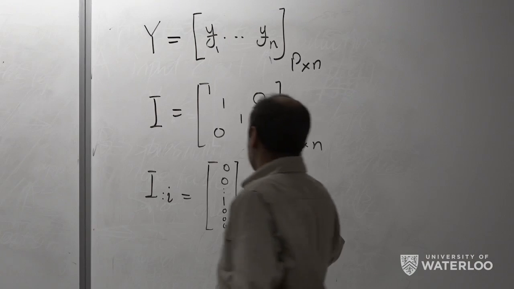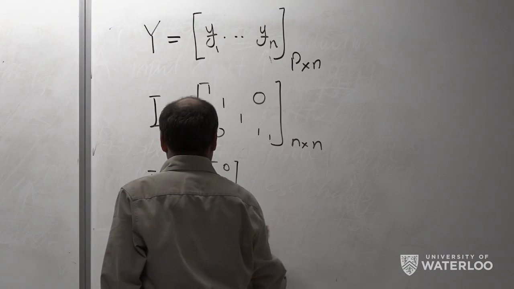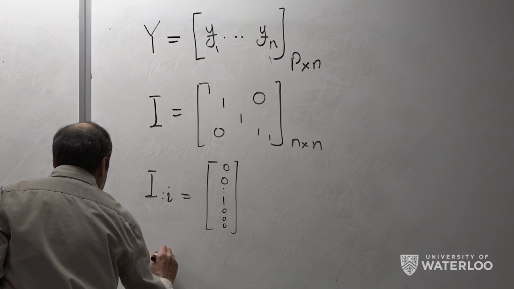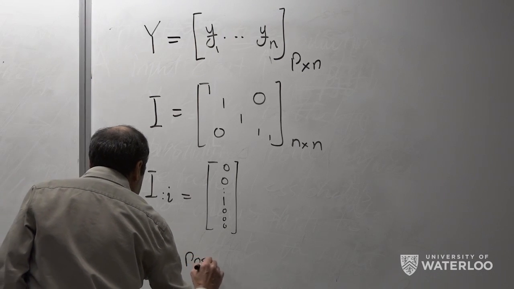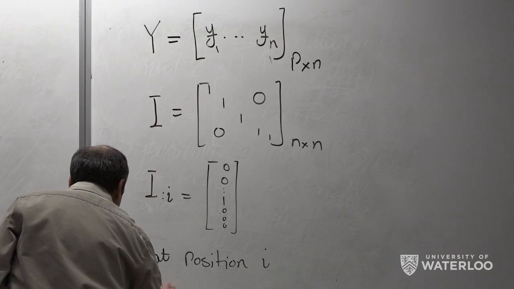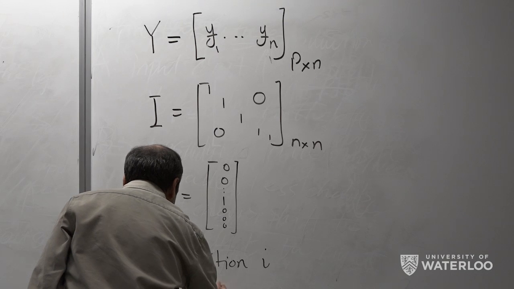Okay? So that's 1 at position i and 0 otherwise.